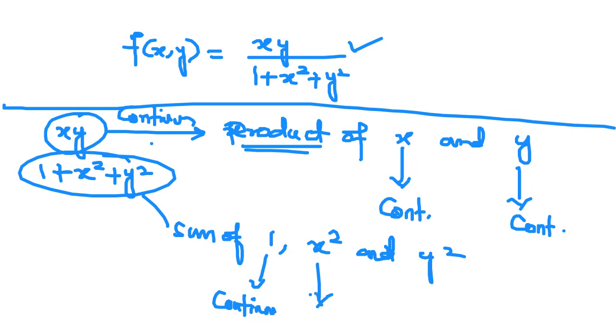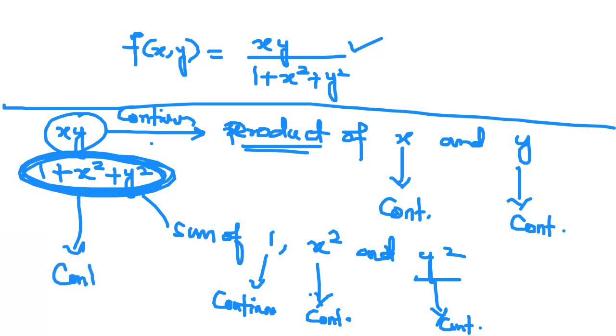And x square is also continuous because it is a polynomial. Y square is also continuous because it is a polynomial. So it means this thing is continuous.